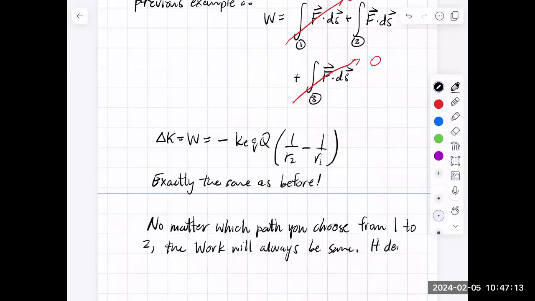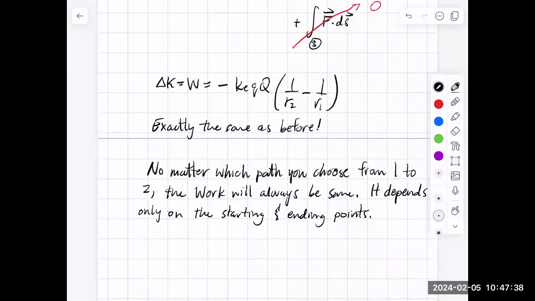It depends only on the initial and final positions, let's say, starting and ending points.